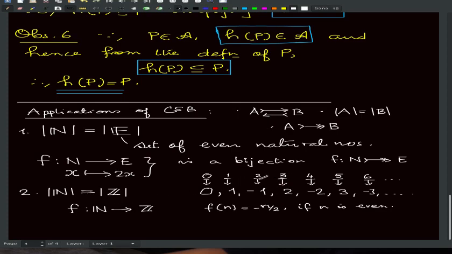Suppose odds look like this. k equals 0 gives me 1, 1 gives me 3. Right? So here is the function therefore.